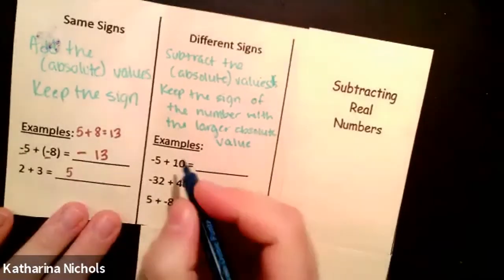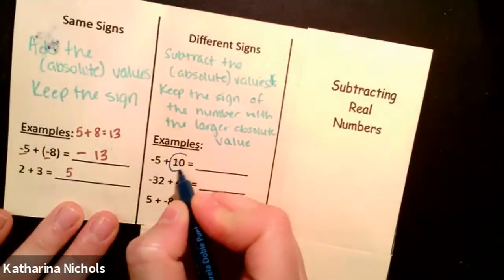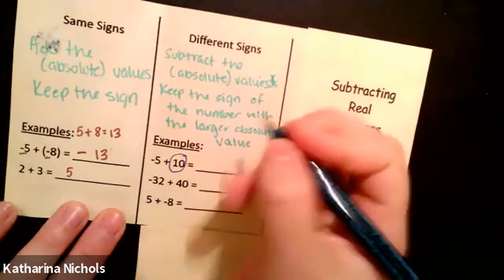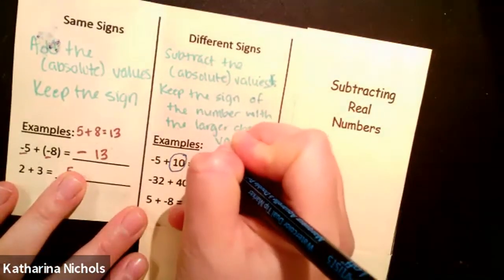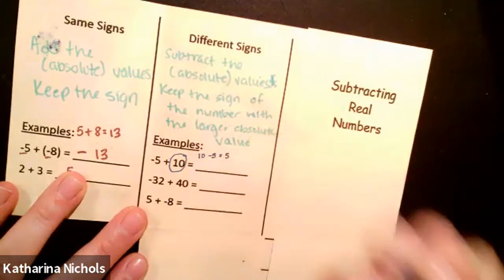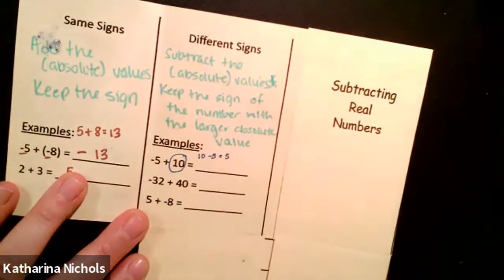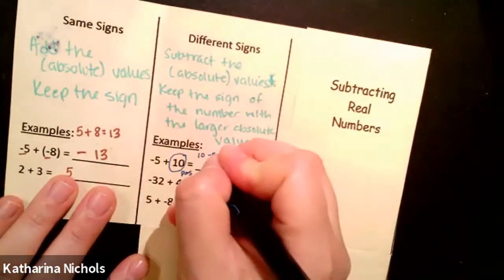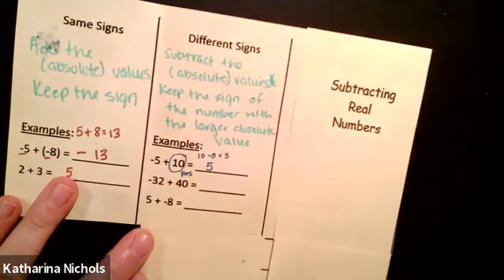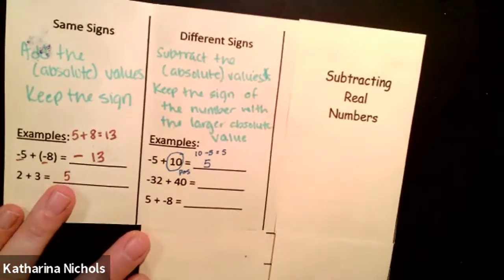What we can do is select the number with the larger absolute value and then think of just subtracting their values. So since my larger number was positive, I can think of 10 minus 5, and this gives me 5. That's my sum. So I'm thinking of addition as subtraction.